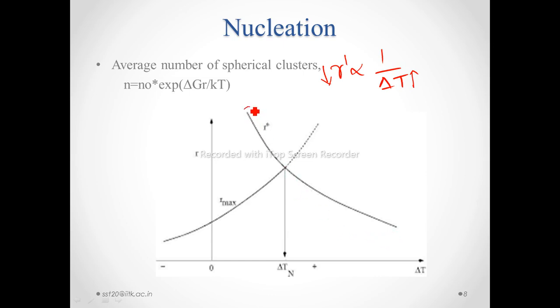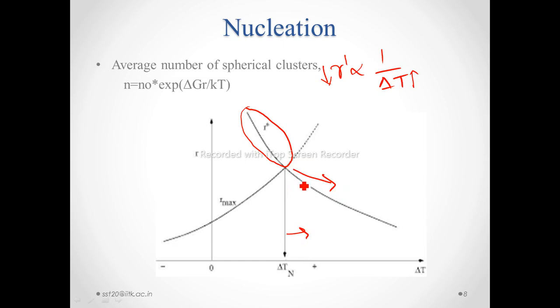Above this, in this area, the size of the critical radius is so large that formation of the nucleus is virtually very difficult with a small undercooling. Because of this, we require a minimum amount of undercooling to nucleate any new phase in a given solid. That's why after this undercooling, a stable nucleus will form.